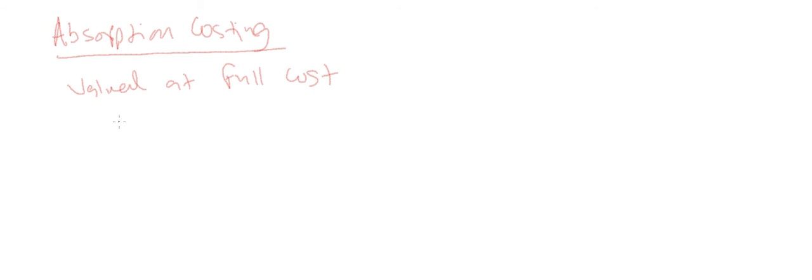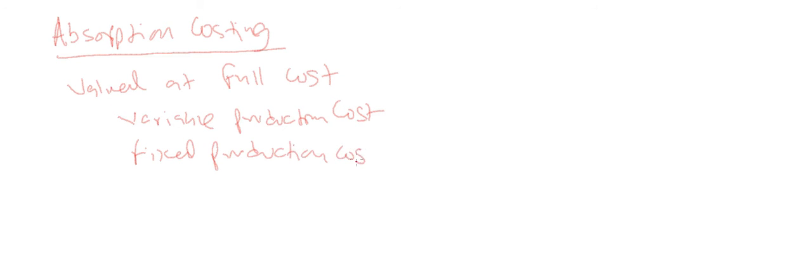It means you need to take into account variable production cost as well as fixed production cost. So under absorption costing, your full cost consists of variable production cost and fixed production cost. That will be your total cost.